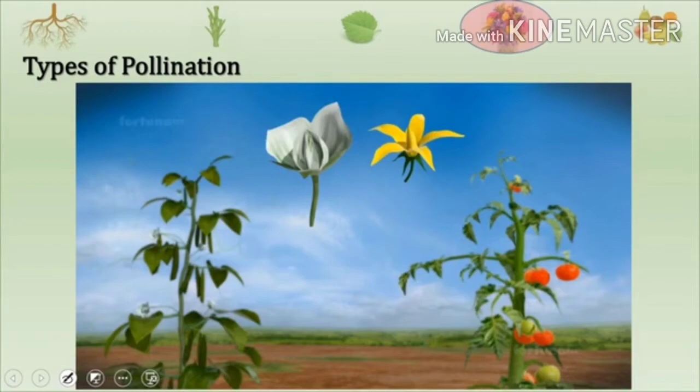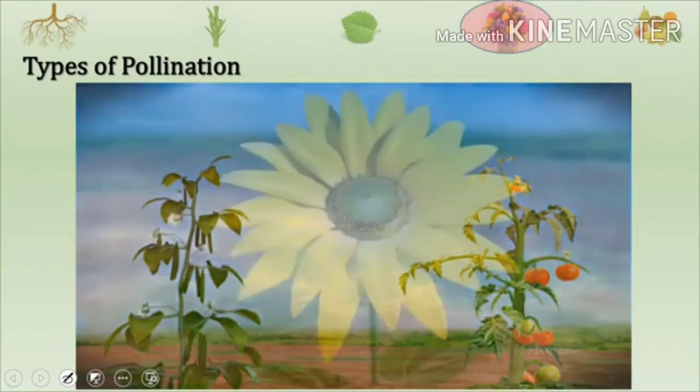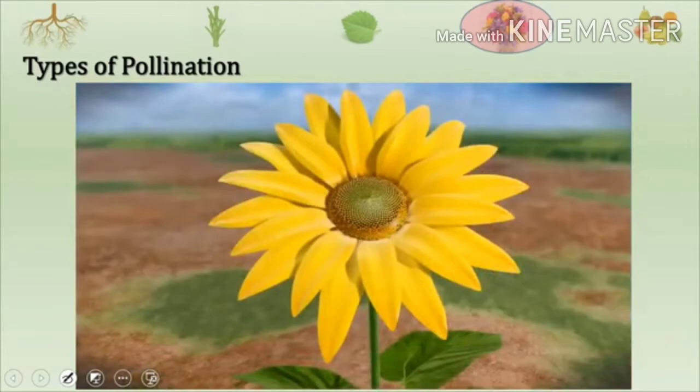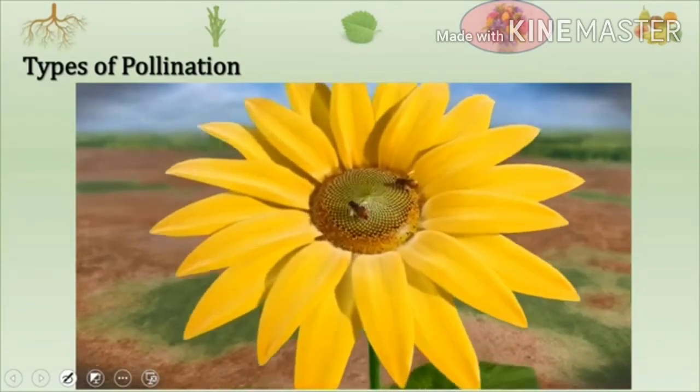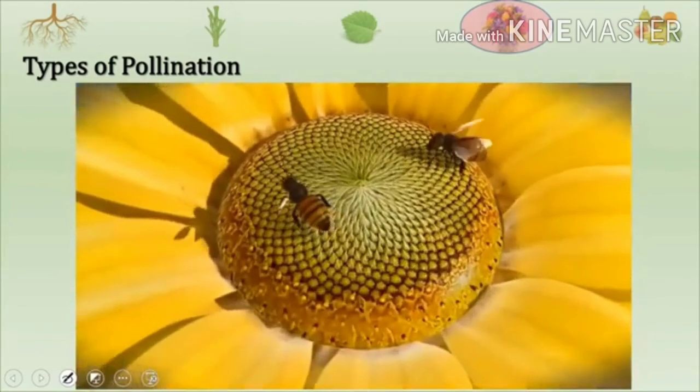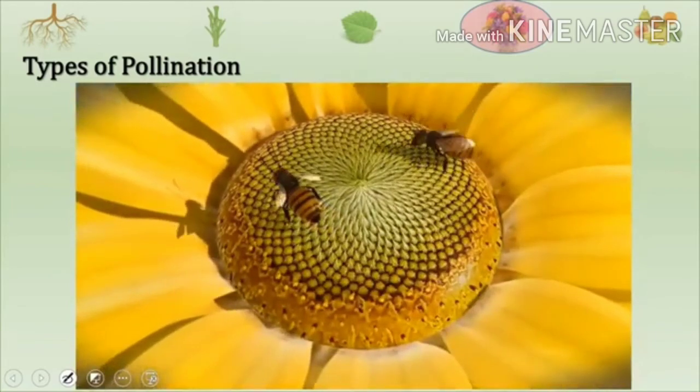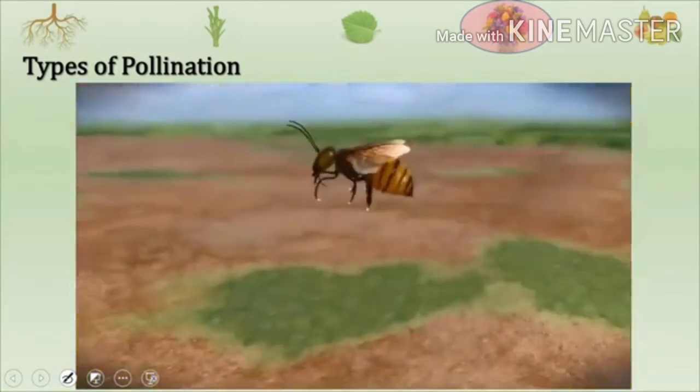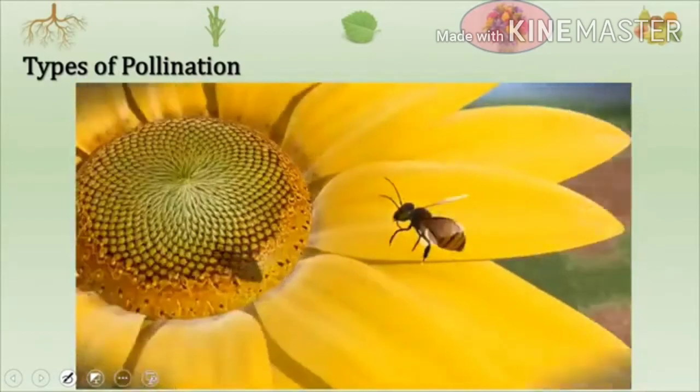In flowers such as beans and tomato, pollination usually does not require a pollinator or agent of pollination. But on the other hand, cross pollination requires a pollinator or agent of pollination, such as the honeybee.